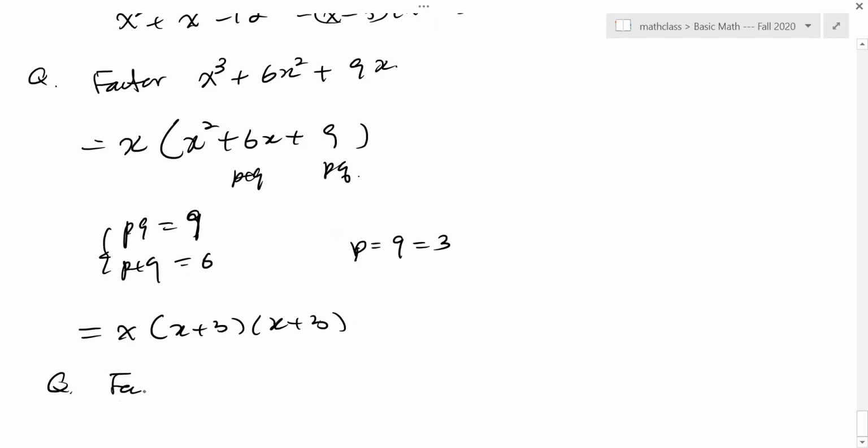Okay, and now I get 9x squared plus 6x plus 1.